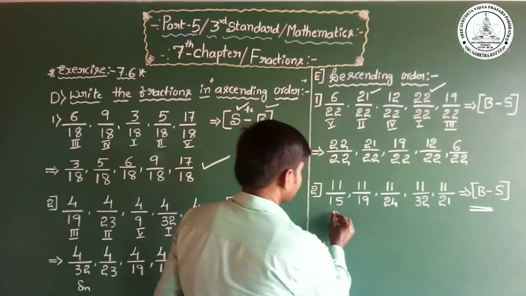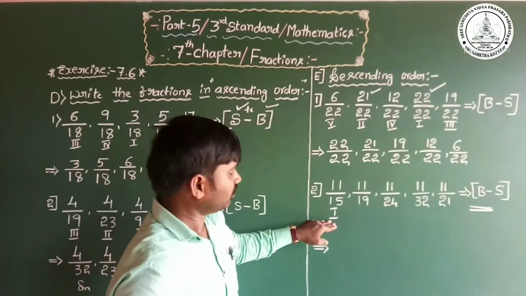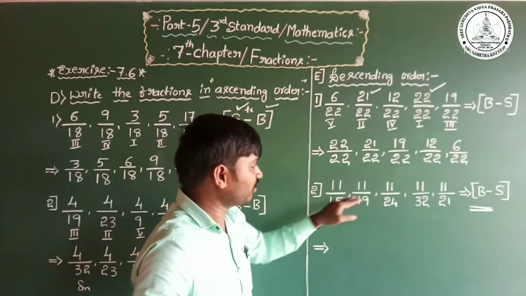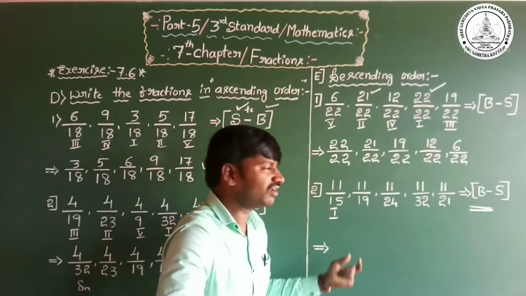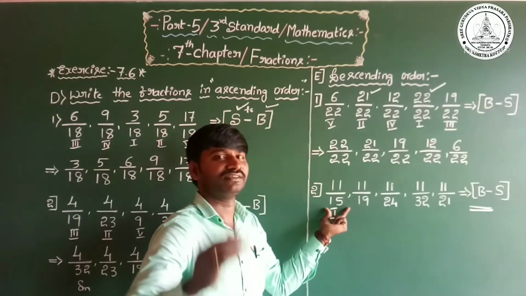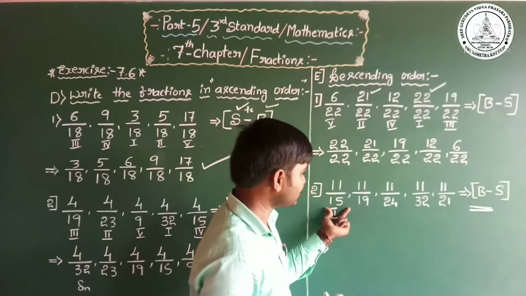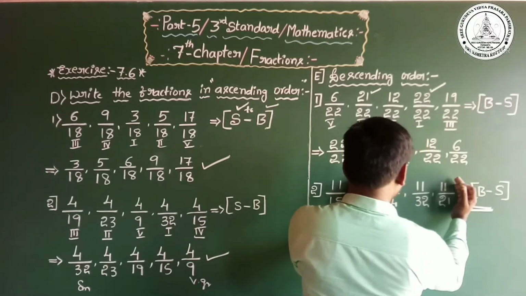Yes, dear student, 11 by 15 is the greater fraction. Because why? The numerators are the same, and the fraction with the smallest denominator is the greater fraction. Are you clear, dear student? The next, compare these fractions, which has the smaller denominator.